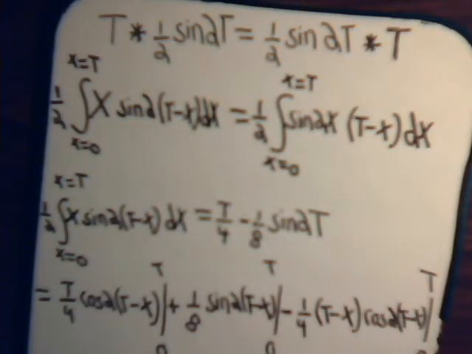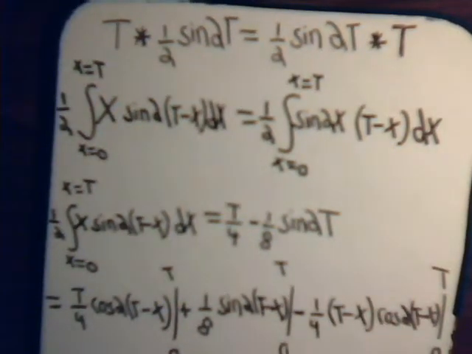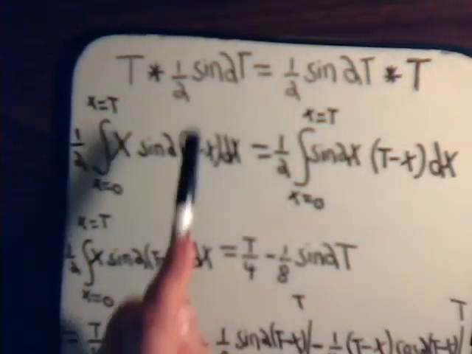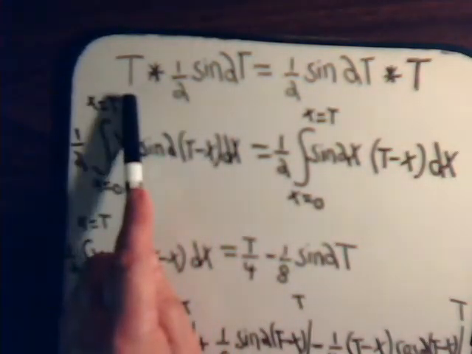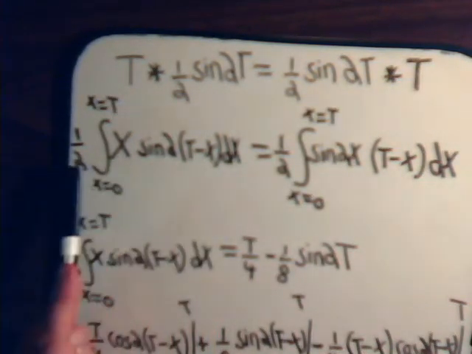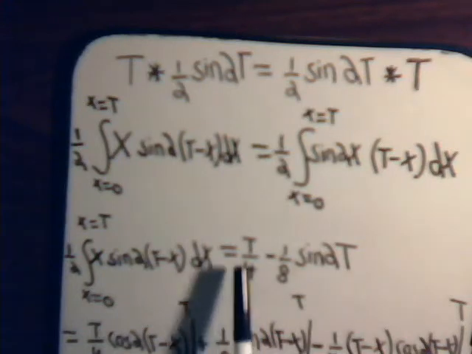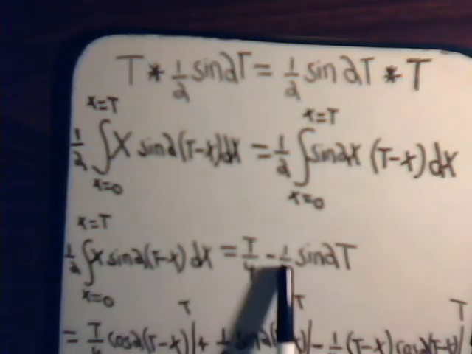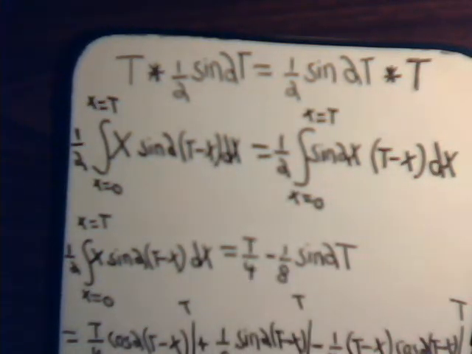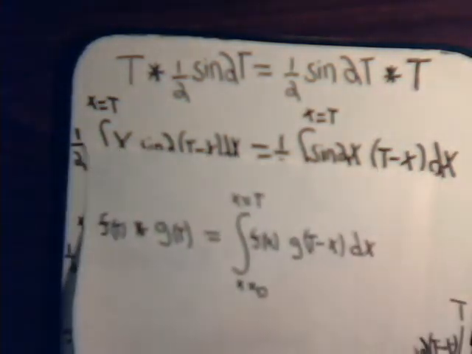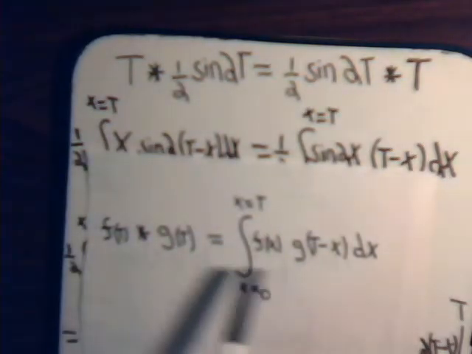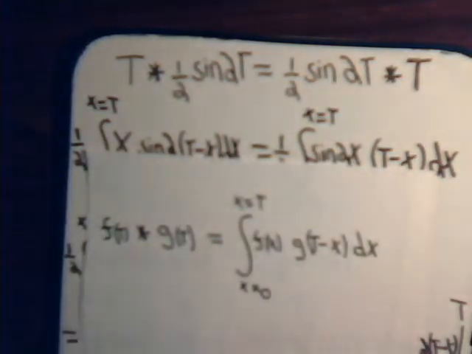So where we're at right now with our problem is we have shown this convolution, which is equal to that integral, gives us this function of t, t over 4 minus 1/8 times the sine of 2t. Again, we obtained that just by blindly following our formula that we showed at the beginning of the video.